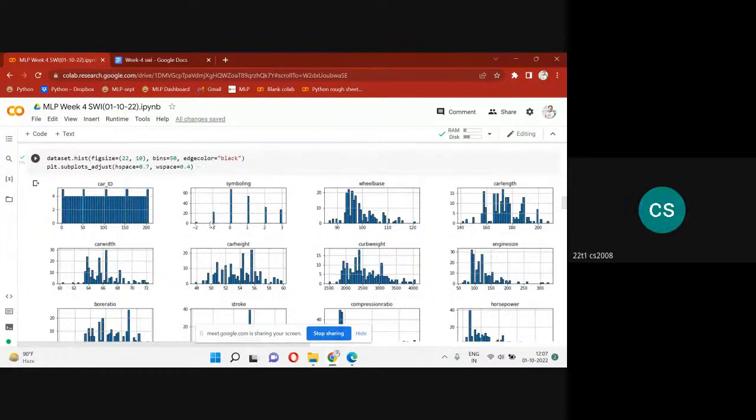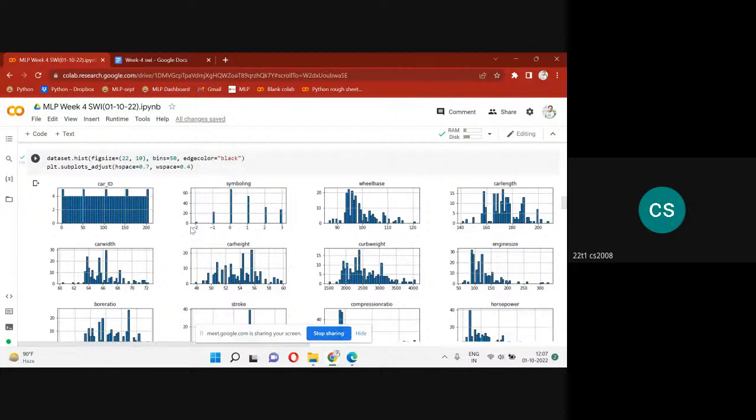So in symbolic, if you see from this graph, we can directly say that there are five or six categories. As we know, three represents the riskiest cars, and minus three represents the safest cars. But we can see from this graph that there are no cars which are completely safe.